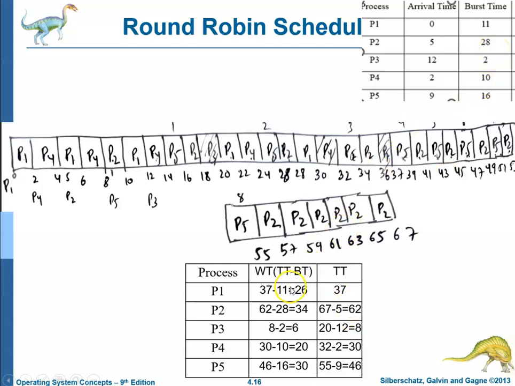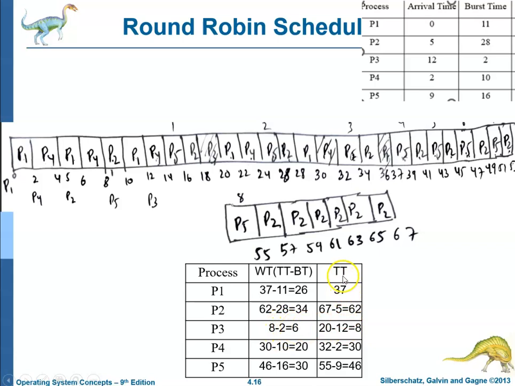Turnaround time minus burst time will give you the wait time, 34. Similarly for P3, where did P3 end? P3 ends at 20. When did it come into the system? At time 12. So 20 minus 12, 8. Then the waiting time is 8 minus the burst time of P3, 2.